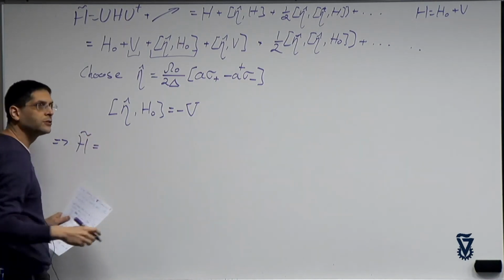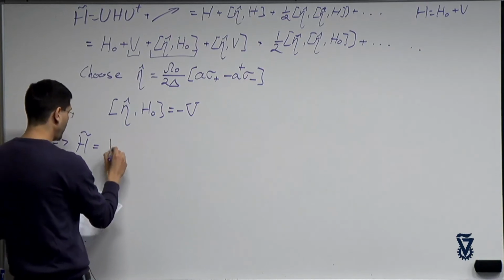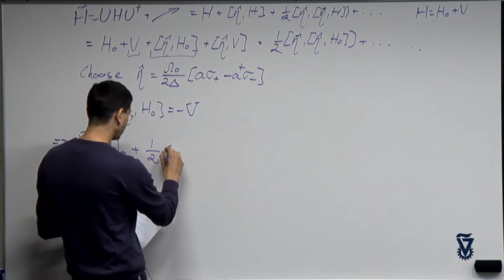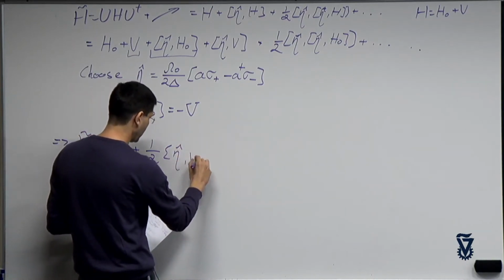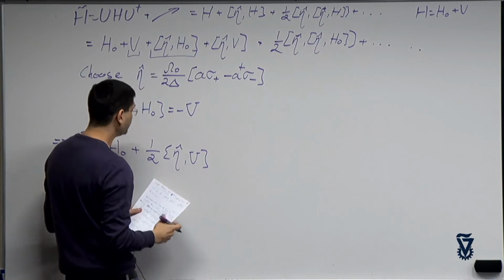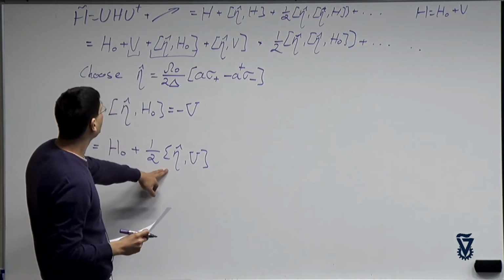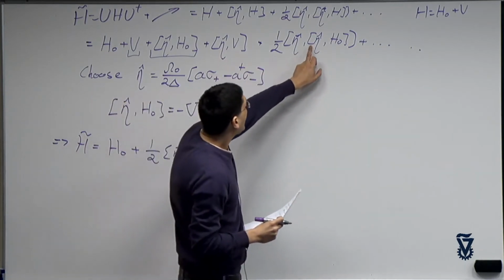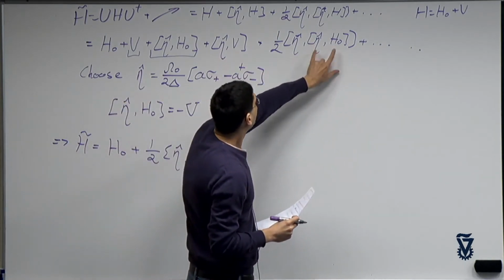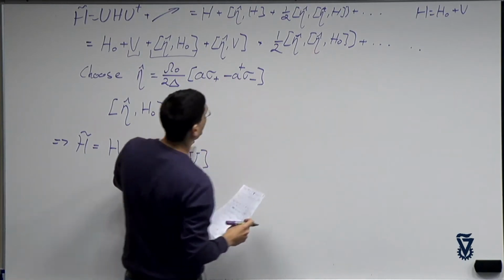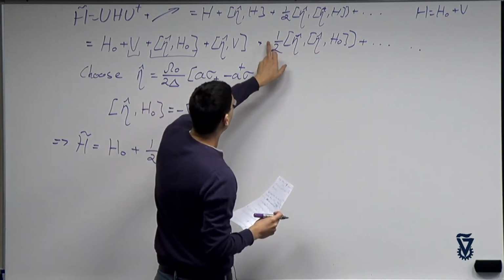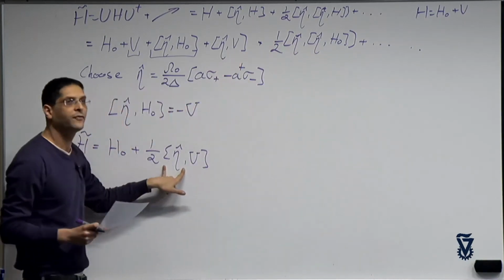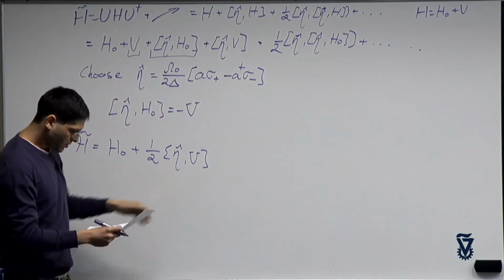Then our new H, our transformed H, is going to be H naught plus half eta V. The half eta V comes from the fact that here we have eta V, the commutator, but eta H naught gives us minus V. So we have minus half eta V plus eta V. That leaves us with half eta V over here.